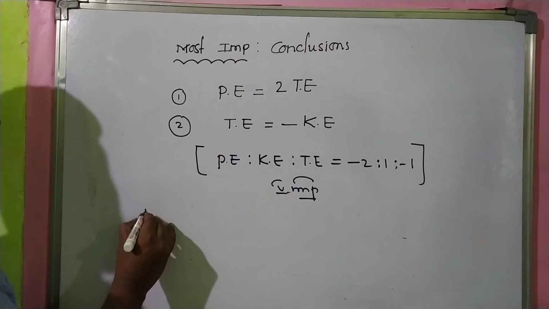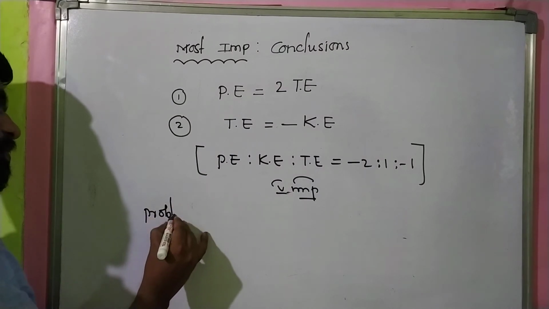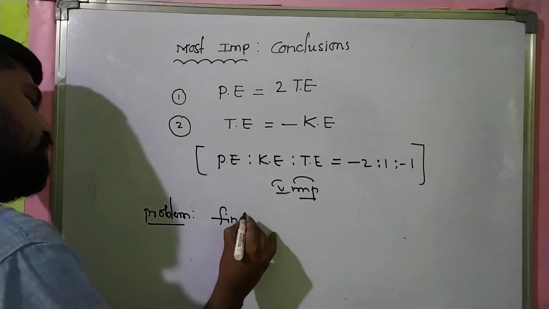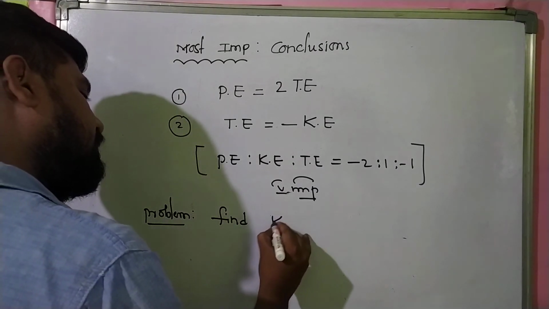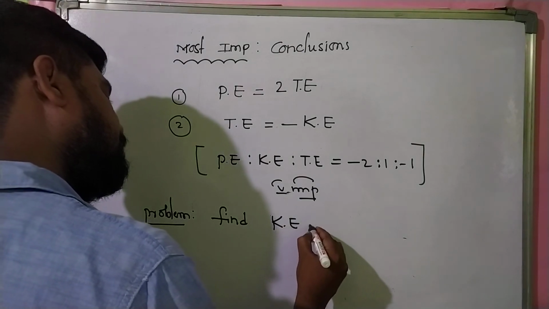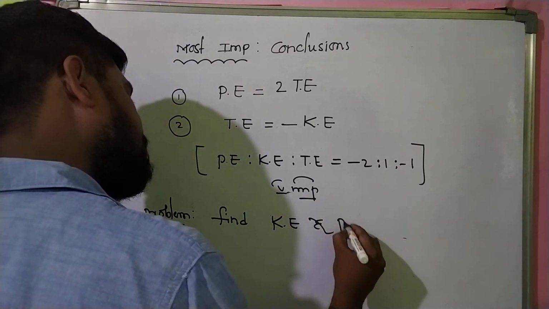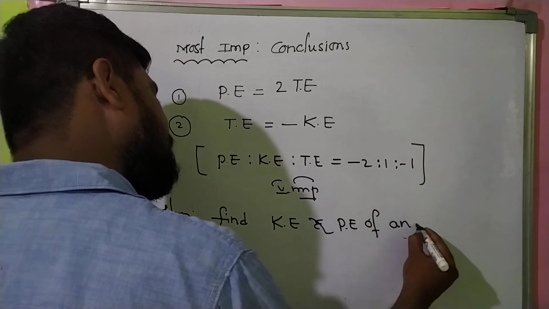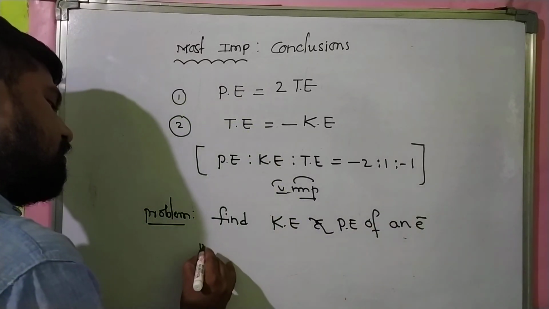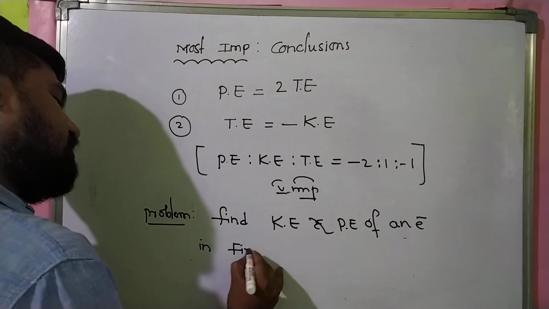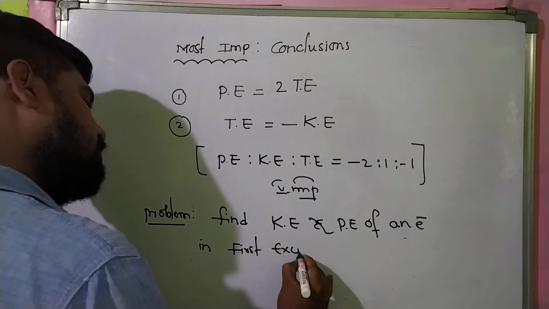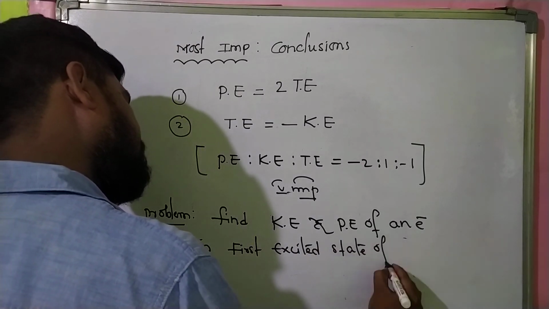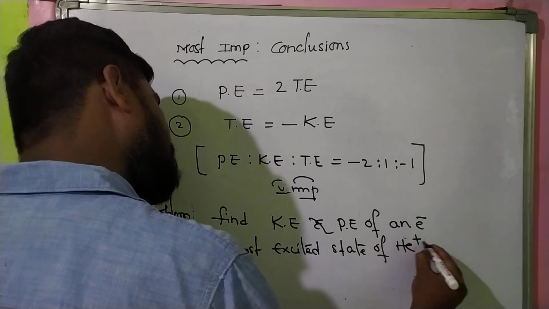Now write problem. Find kinetic energy and potential energy of an electron in first excited state of helium plus ion.